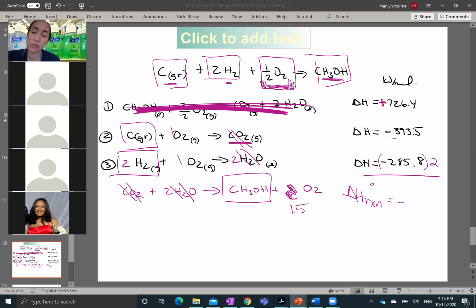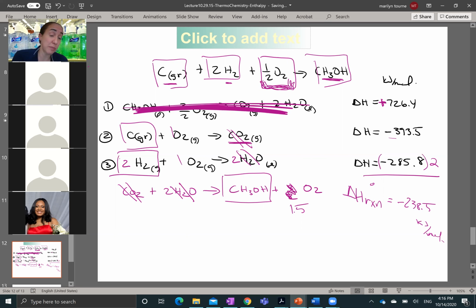I got negative... I was asking, is the second enthalpy value a 7 or a 9? No, that's 93. Okay, that wasn't the answer. I got negative 238.5. Okay, that sounds okay. So can anybody just confirm that? And that's kilojoules per mole, guys, don't forget. I got the same thing.